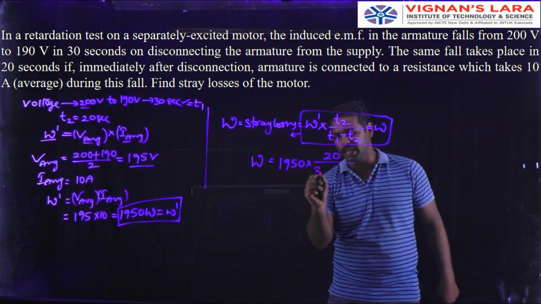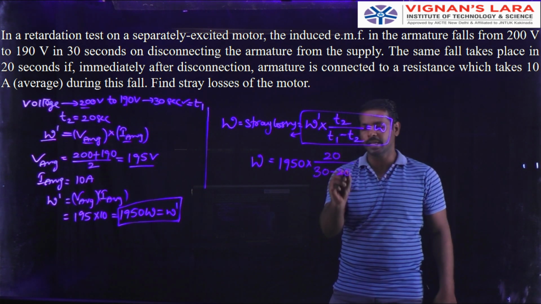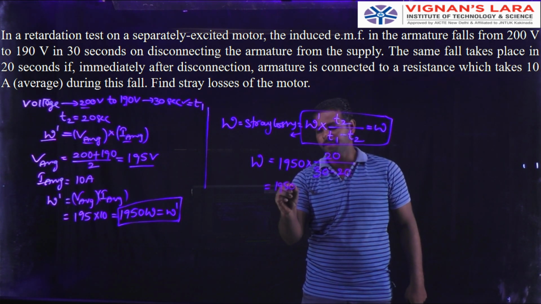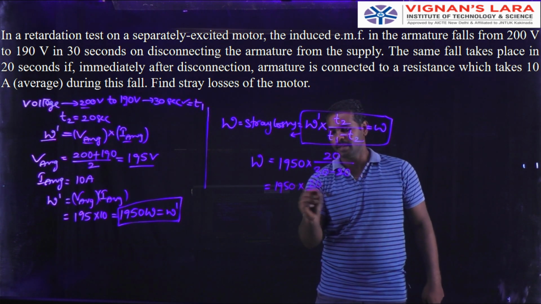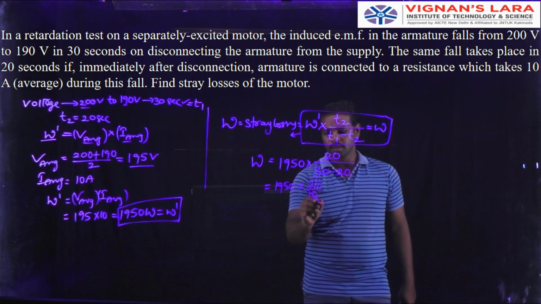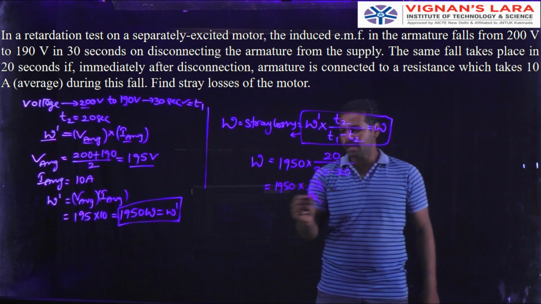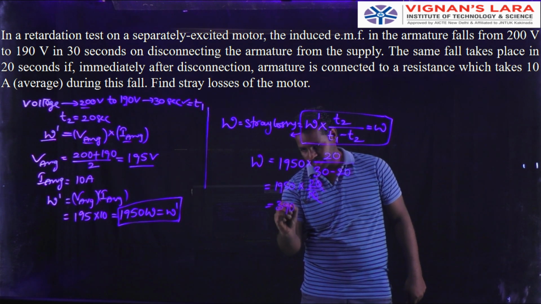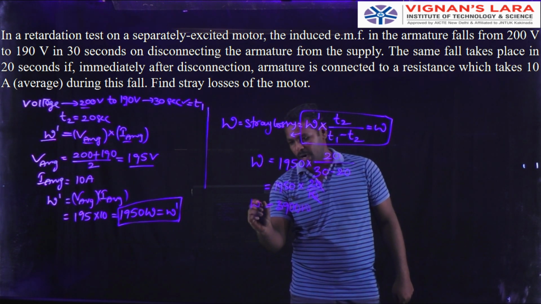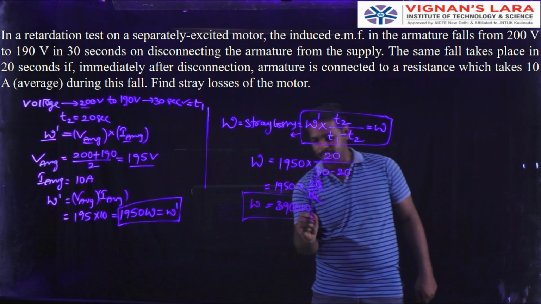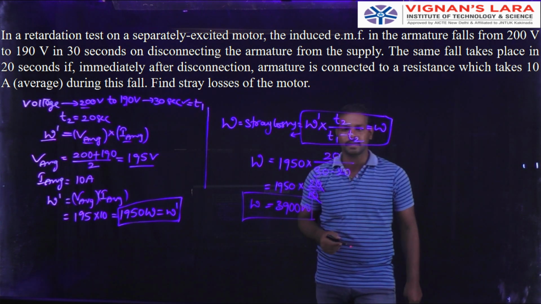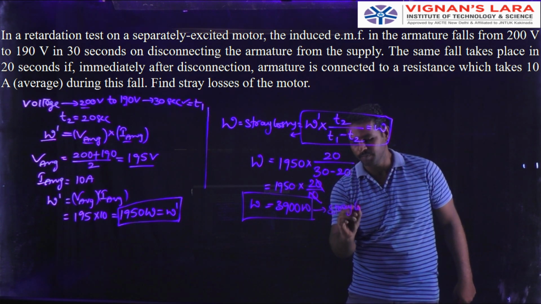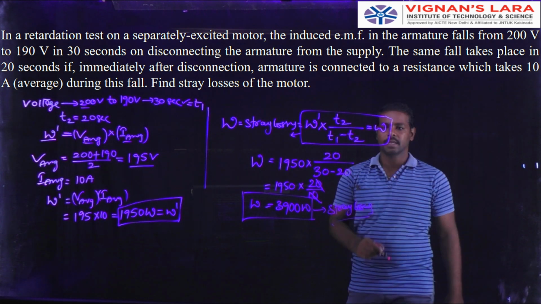T1 is 30, so 30 minus 20, which gives 1950 × 20 / 10. The 20 divided by 10 simplifies, giving 3900 watts. So these are the stray losses of a separately excited DC motor, the stray losses of the given machine.